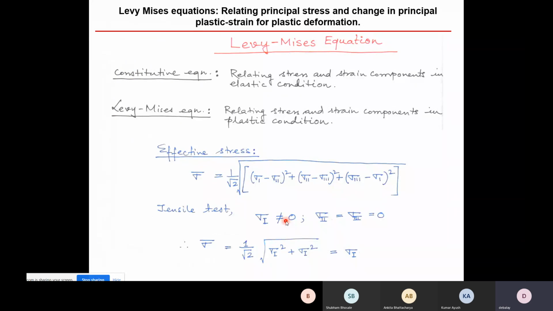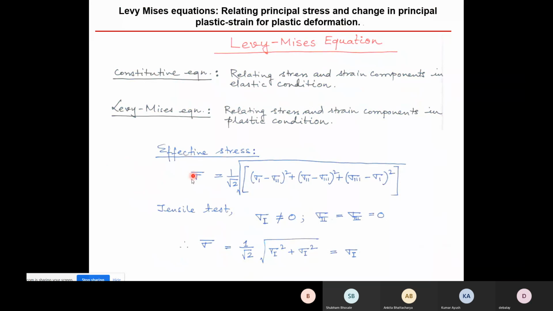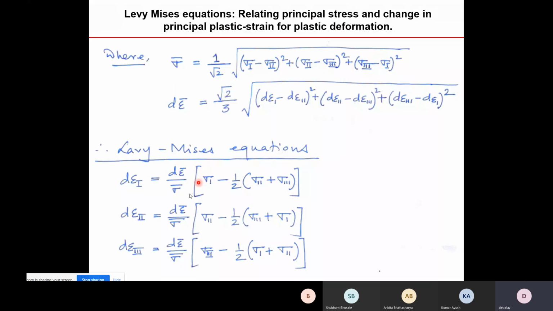I'm not going into detail of the Levy-Mises expression, but the final expressions you see are very much the same type as a constitutive equation. d epsilon 1 equals effective strain by effective stress times sigma 1 minus half, because Poisson's ratio equals half in plastic deformation, sigma 2 plus sigma 3.